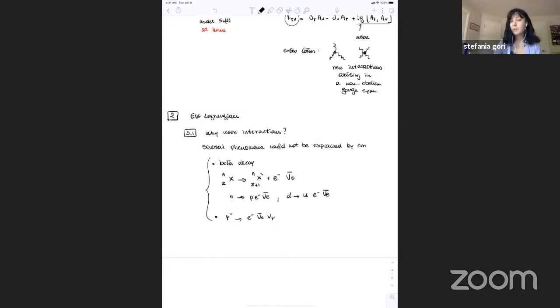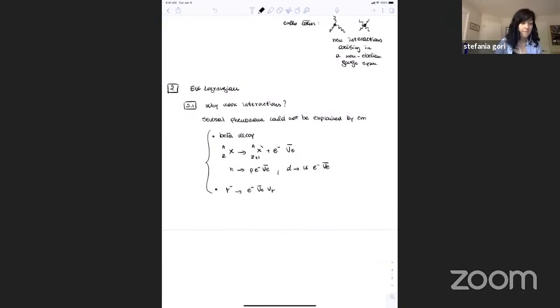So once you have a lot of data that you cannot explain, then you have to invent some new physics. And the first proposal came from Fermi in the 30s. The idea was to write down a new term in the Lagrangian.